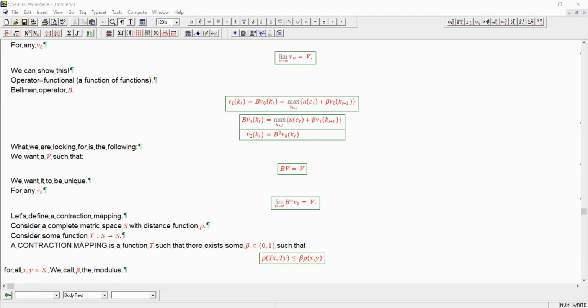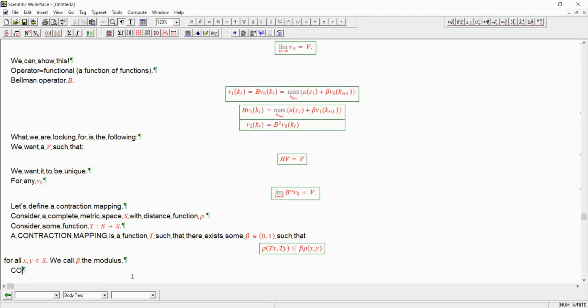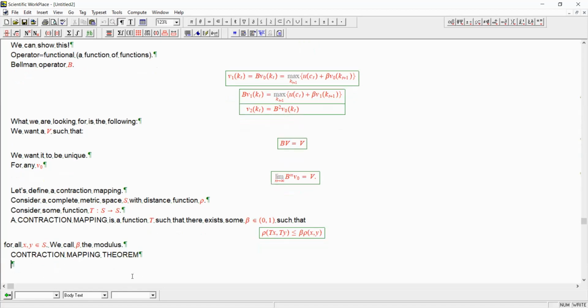Next, we want to look at the contraction mapping theorem, which is going to say the following. Suppose we have our pair big S and its distance rho, where S is a complete space. Remember, that just means that any converging sequence there has a limit that's also in there.